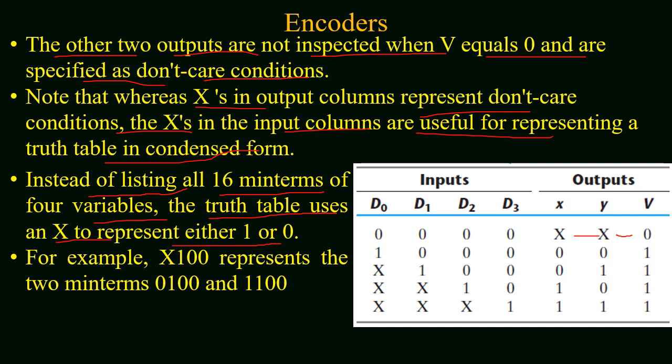For example, X100 in the third row of the truth table represents the two minterms, which are 0100 and 1100. And also note that in the first row, whenever the valid bit indicator is 0, the output values of X and Y are not valid, so they are not considered.